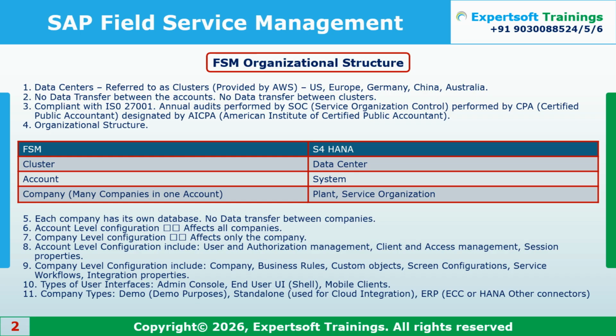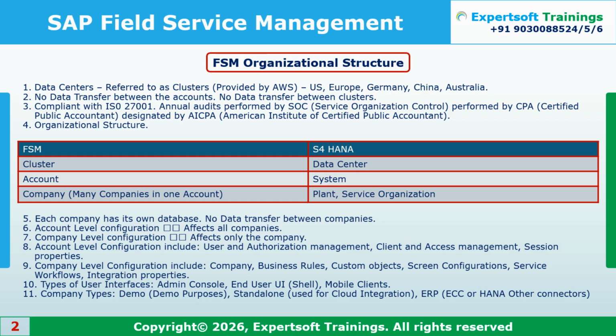Next one: what are the account level configurations? If you see the account level configurations, it is the user management, authorization management, client and access management, all the session related properties, authentication logs, authorization logs, debug event logs. All these logs are available at account level.